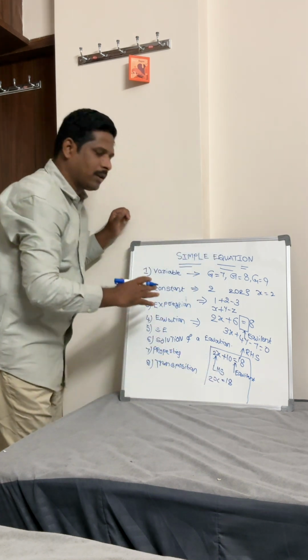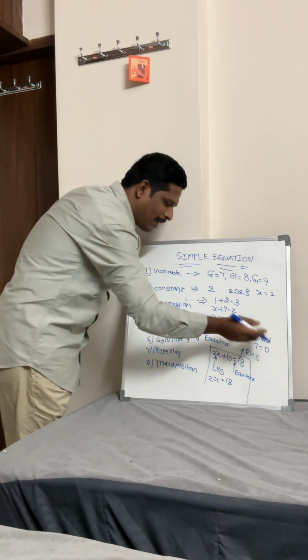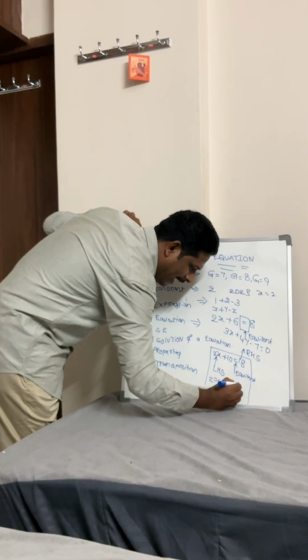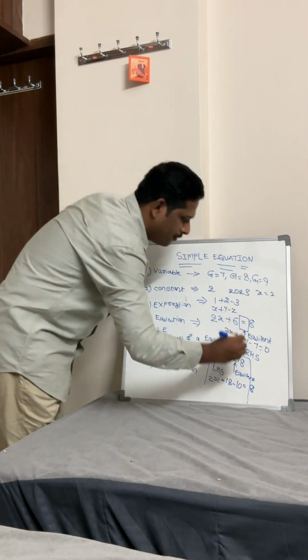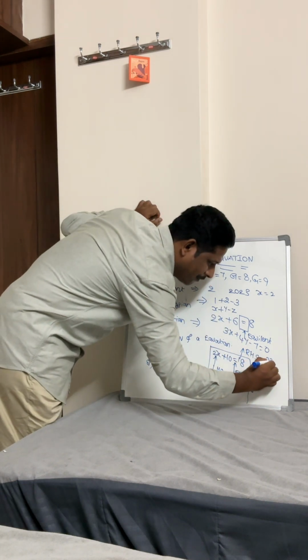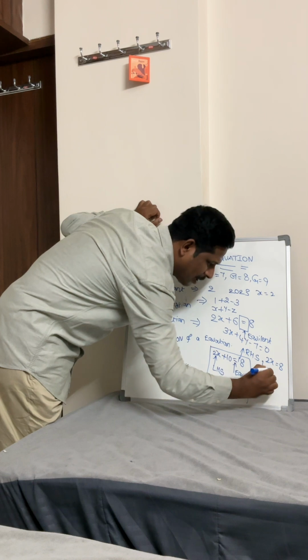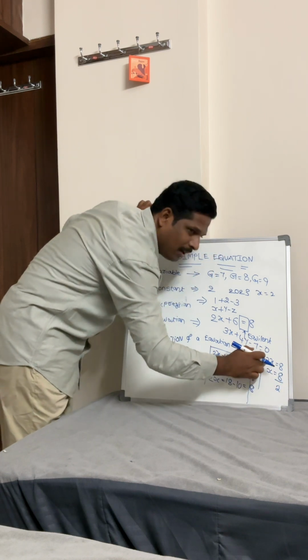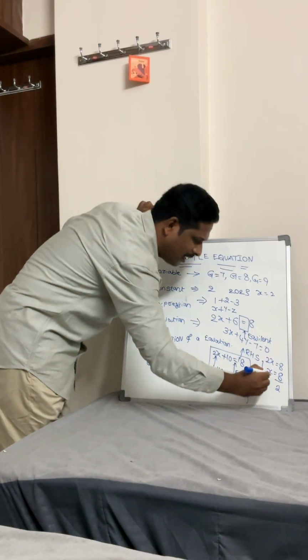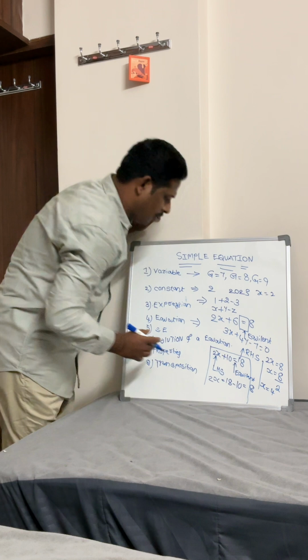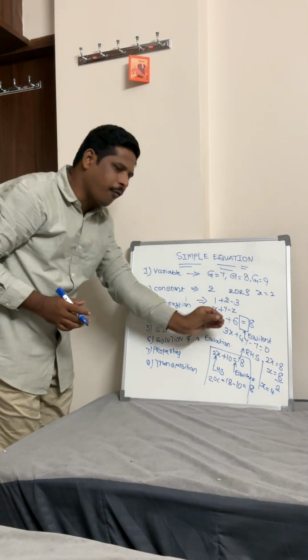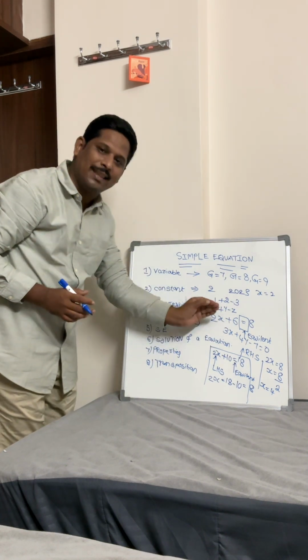If you transpose, this plus symbol goes to the other side as minus. So 2x is equivalent to 8. x is equivalent to 8 by 2, because here it is a multiple, and when it goes to the other side by transposition, it becomes division. So the x value is 4. This is the way to find the solution of an equation.